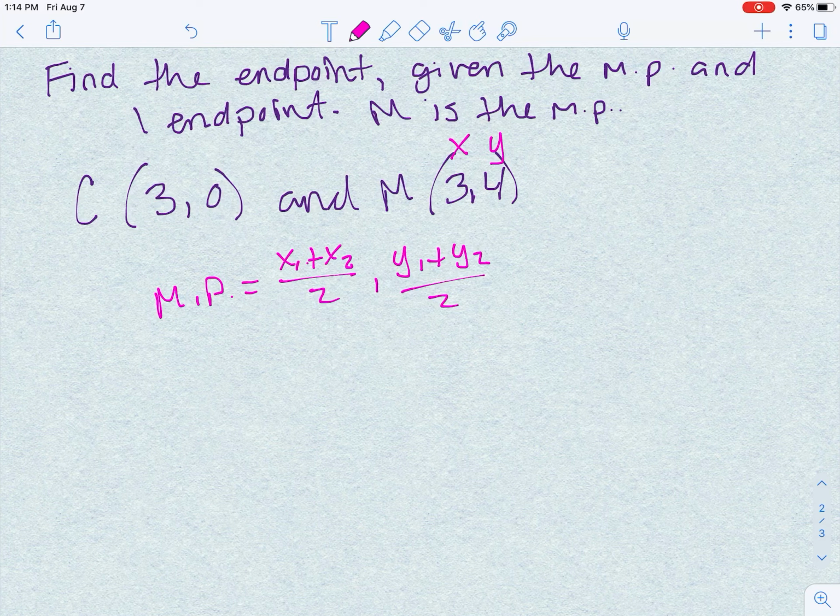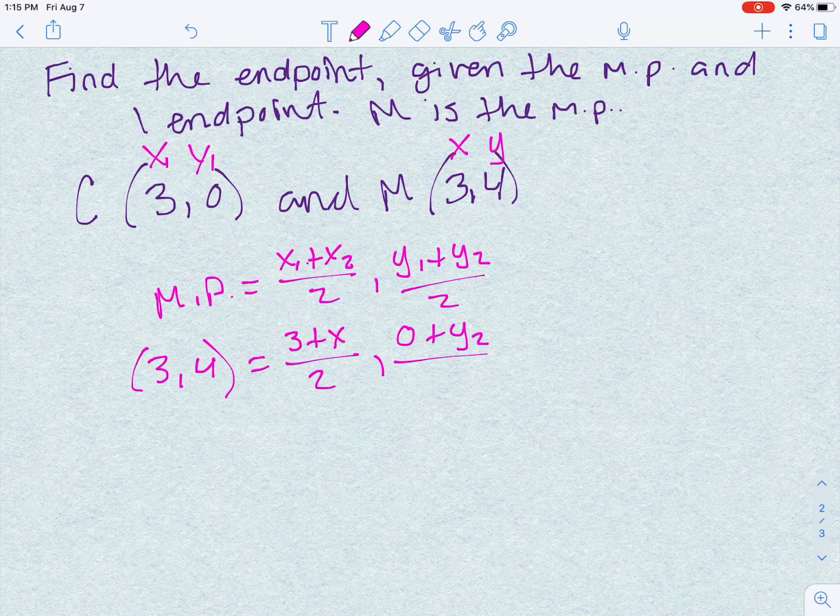I'm only given one of the endpoints, so I'm going to call it X1 and Y1. So we're missing X2, Y2. So let's plug in what we do know. We know that the midpoint is (3, 4). We know that X1 is 3. And we know that Y1 is 0.